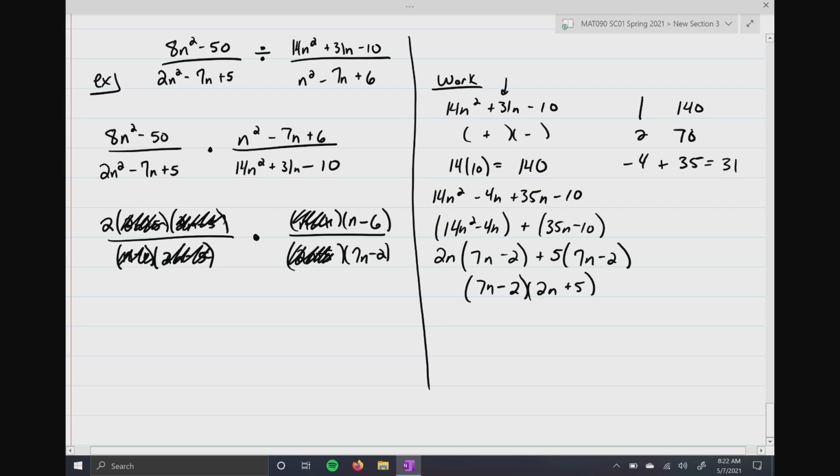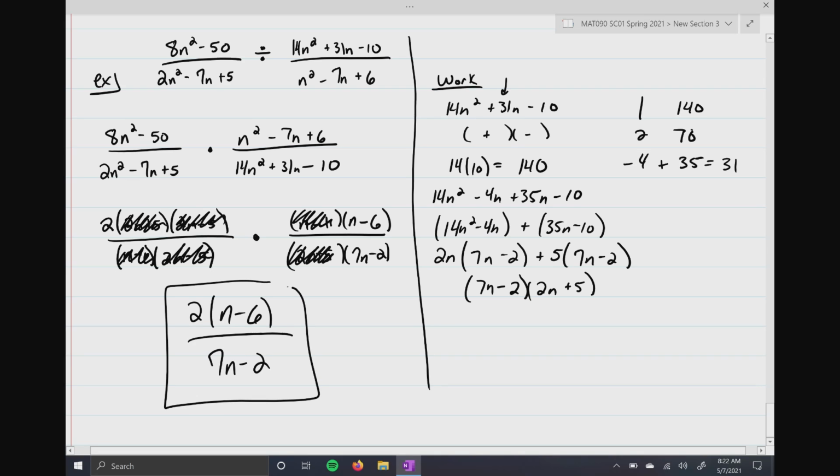So 2 times the quantity n minus 6 in the numerator and 7n minus 2 in the denominator. I think, if I'm not mistaken, that is going to be the most time-intense problem, and it's because you just got to factor everything.